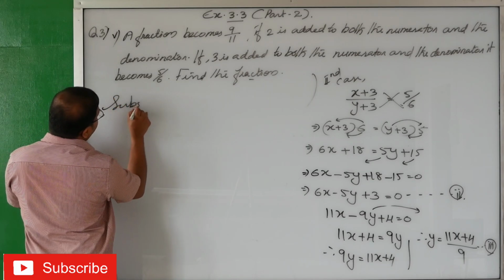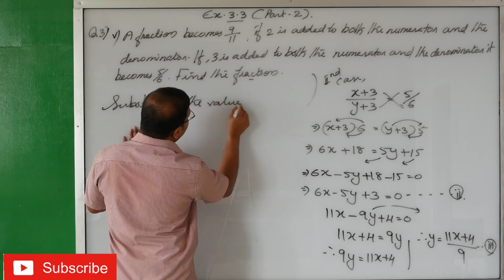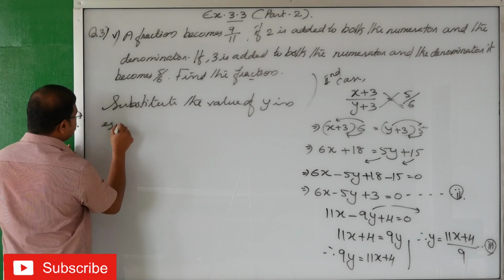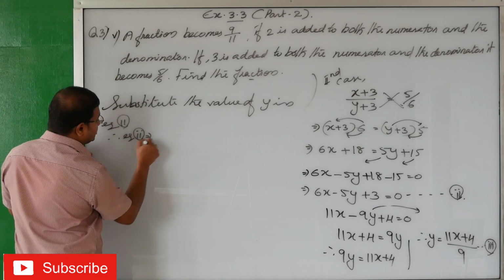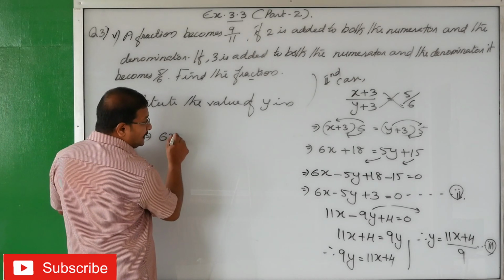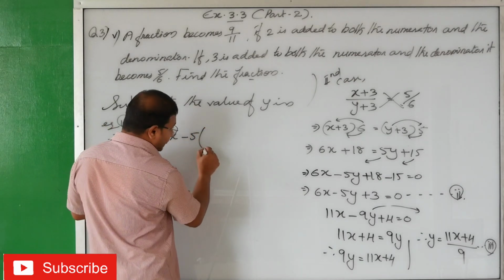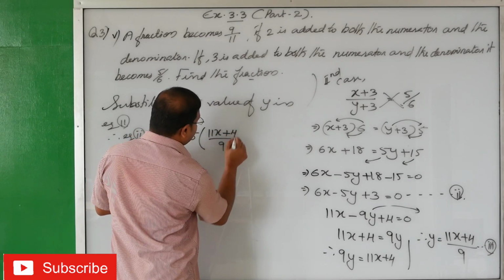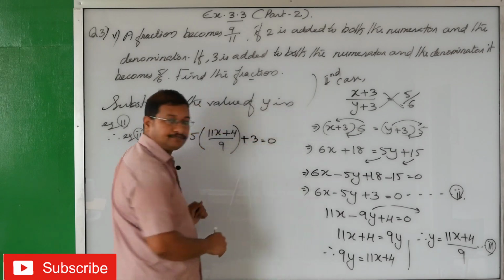Substitute the value of y in equation 2. Therefore equation 2 implies, what is the second equation? 6x minus 5 into y, we'll write bracket, (11x plus 4) by 9, this is y, plus 3 equal to 0.